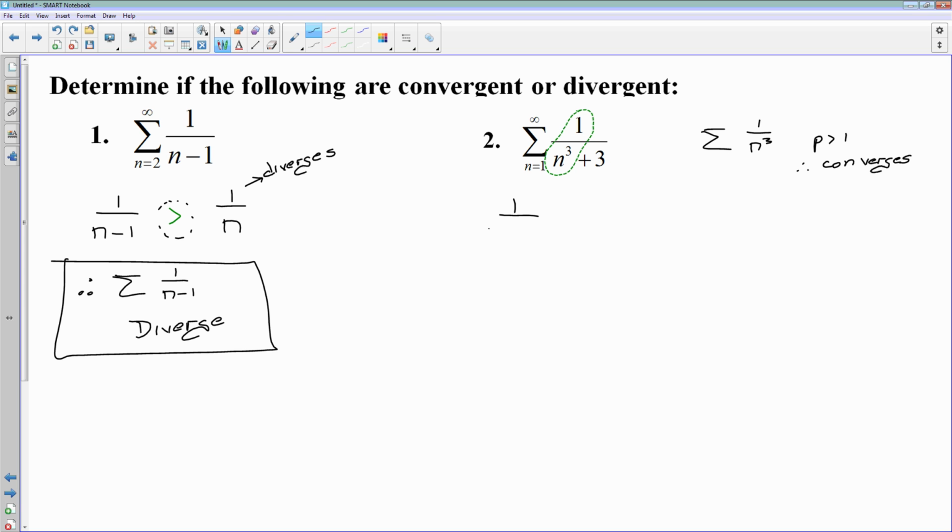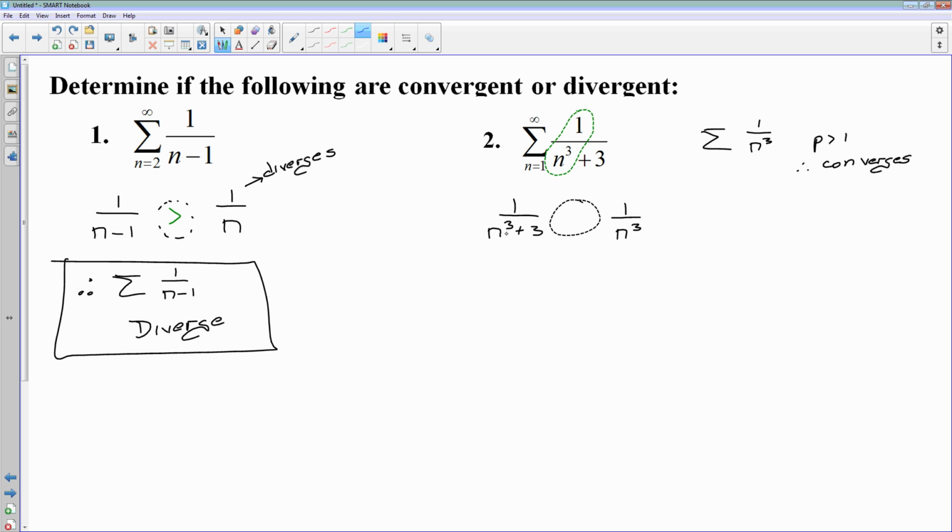So let's compare those two. 1 over n cubed plus 3, how does that compare to 1 over n cubed? Well, here's kind of the exact opposite situation we had over there. If the denominator is larger, I have 1 over n cubed plus 3. This denominator is larger than this one.